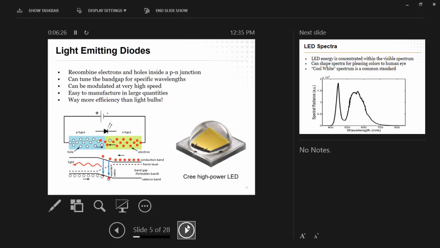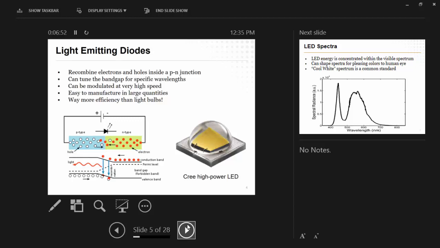So what we really like about LEDs, though, is the total energy you create in the form of light depends on your band gap here. So if I have a nice direct band gap semiconductor, and I recombine an electron and a hole here, the energy difference can either be converted into heat or it can be converted into light. And if I am very clever with my internal quantum efficiency, I can get a very strong conversion into photonic energy that way.